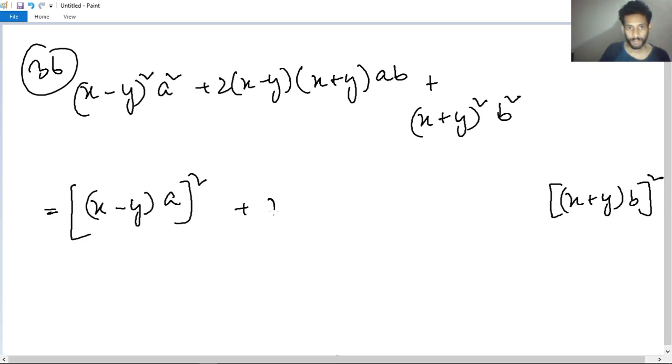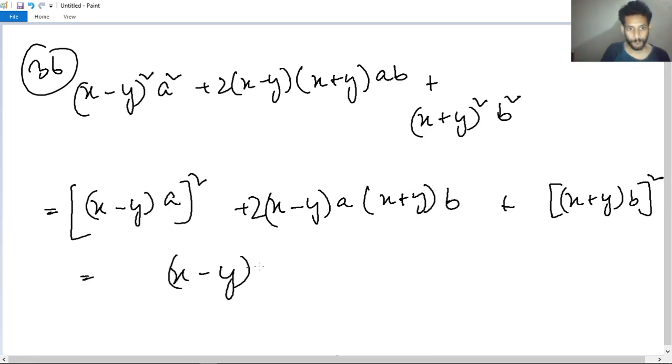So the middle part should be twice x minus y a and x plus y b. So the result will be x minus y a plus x plus y b, then whole square.